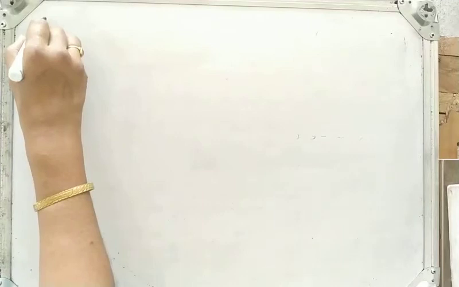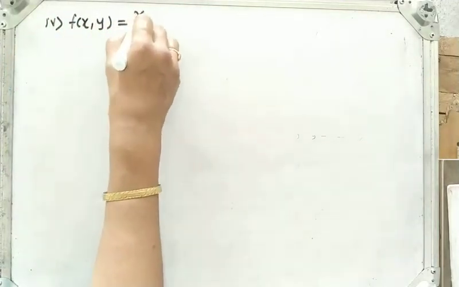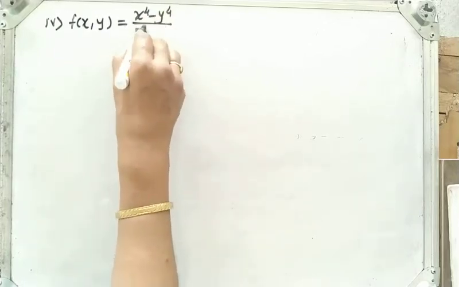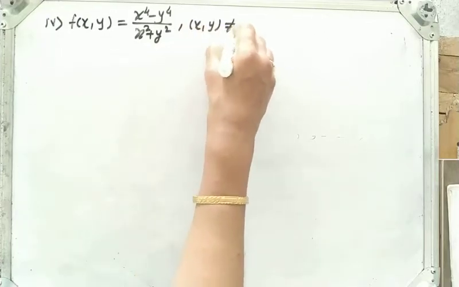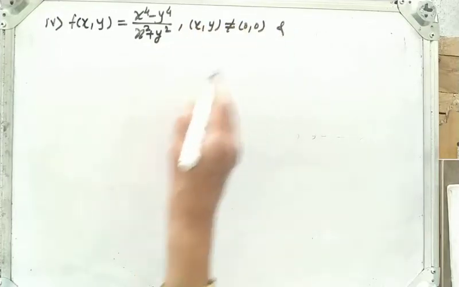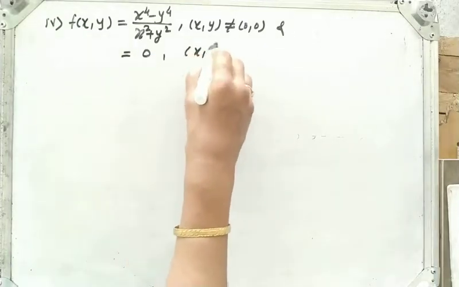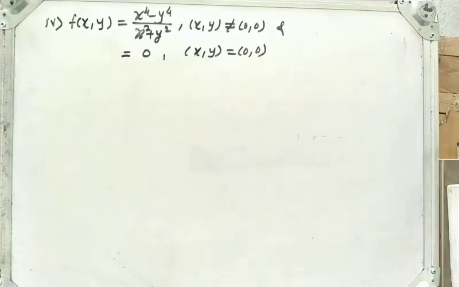Fourth example. f of x, y is equal to x raised to 4 minus y raised to 4 upon x square plus y square if x, y is not equal to 0, 0, and it is 0 if x, y is equal to 0, 0. We have to check differentiability for this function.